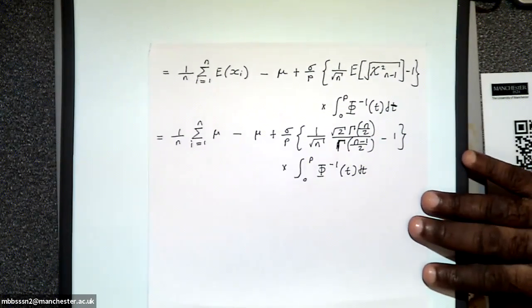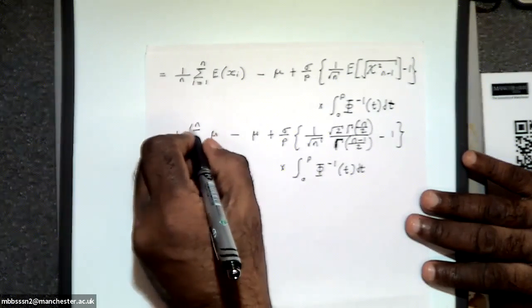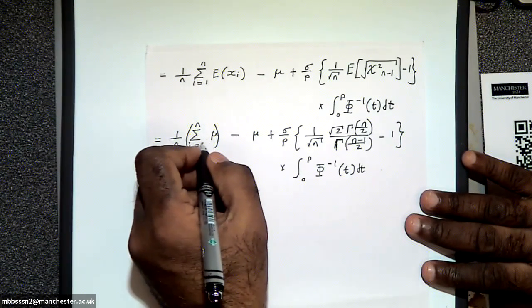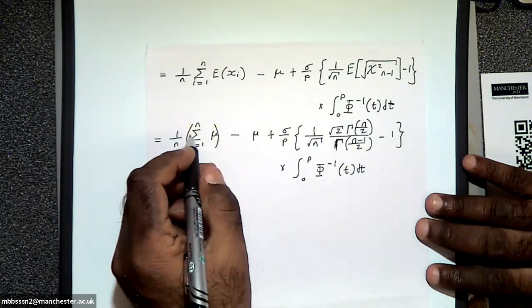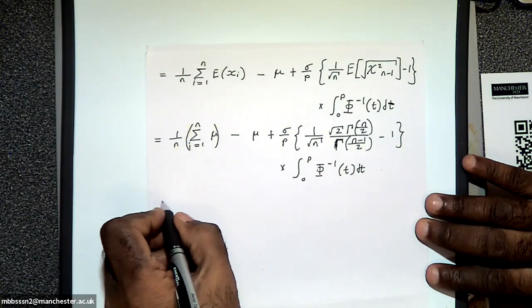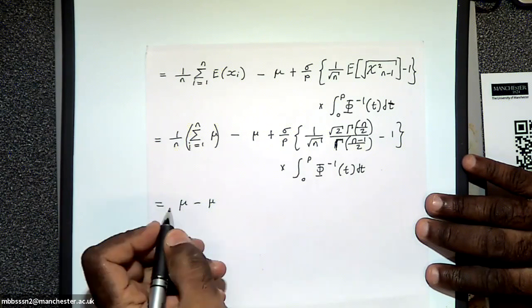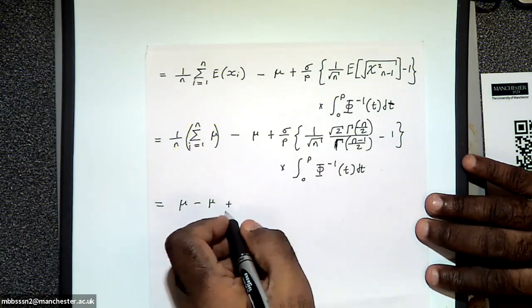You guys following me or no? Let me know if you can't. Now, what you have here is n times mu, right? Because the sum of mu is n times mu. So n times mu divided by mu is mu. So you have mu minus mu, which should cancel.